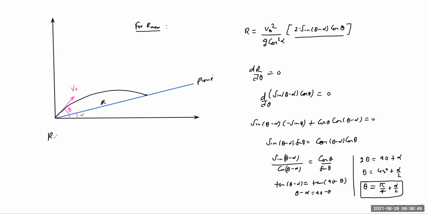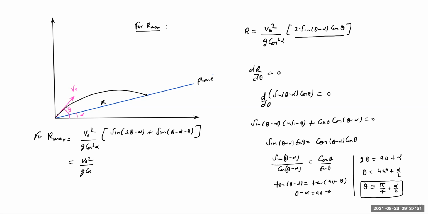But to find the R max, we now need to substitute. Okay, so we can take 2 outside. Then, yeah, we can do one thing. We can use something interesting called 2 sin A cos B, which is sine A plus B plus sine A minus B. And this turns out to be a really nice expression.